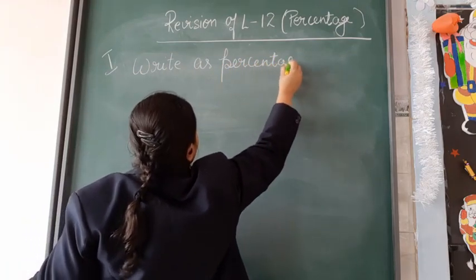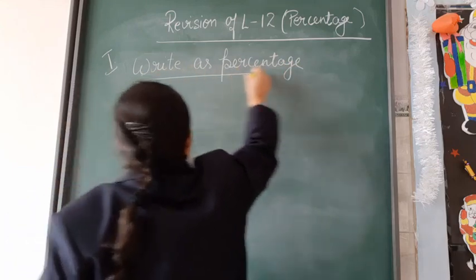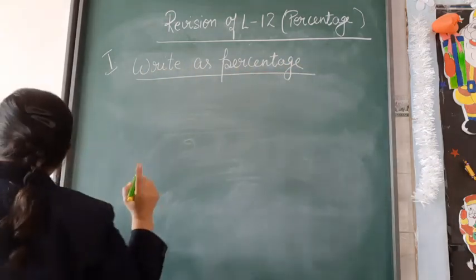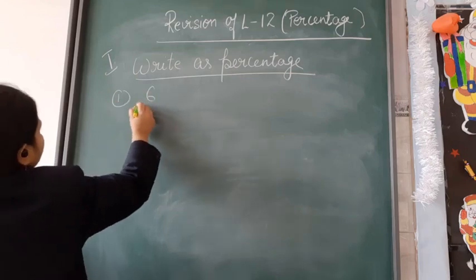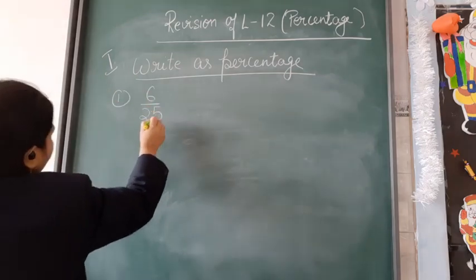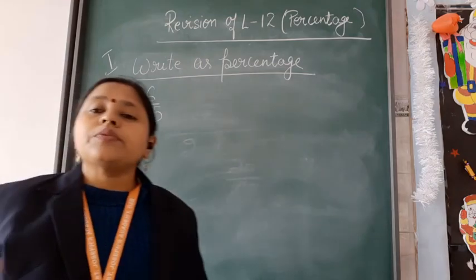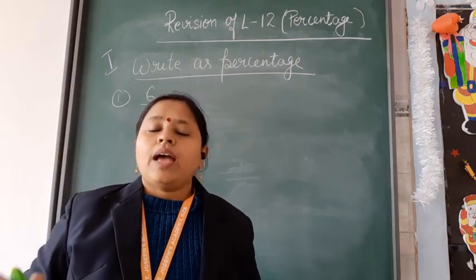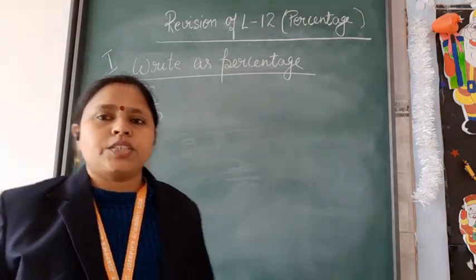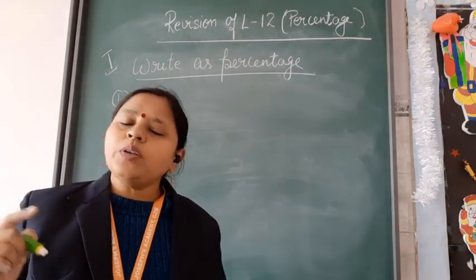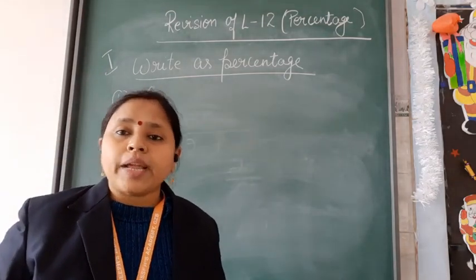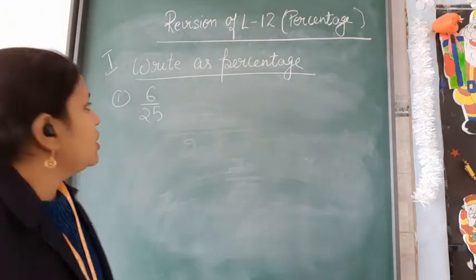Let us see the first part of this question, 6 by 25. So children, this is our fraction 6 upon 25, and we have to write this as percentage.